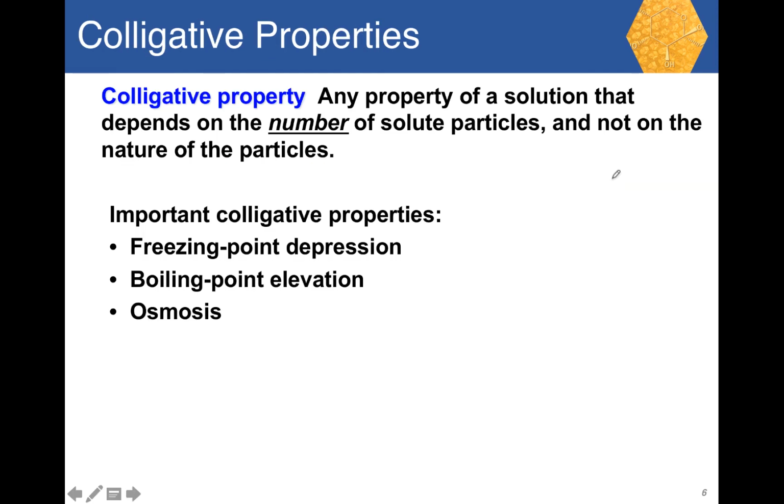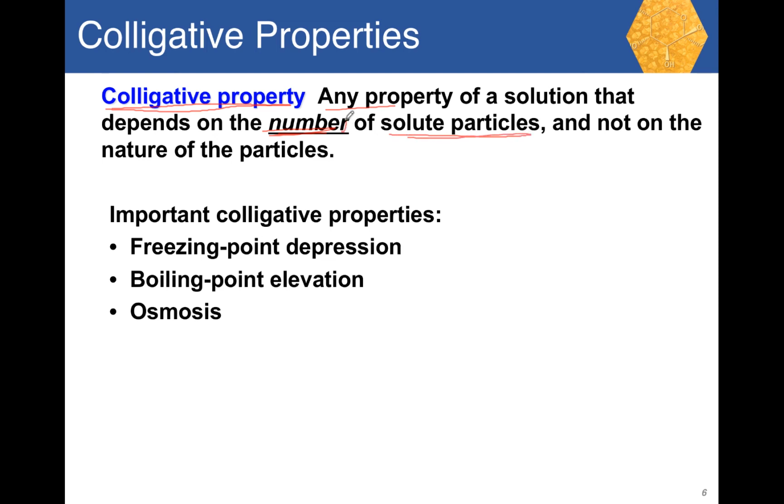Okay, let us go into a property here called colligative property. So based on our approach here, let's define that property, make sure we understand it, and then we will apply that to solving different problems. So colligative property, by definition, is any property of a solution that depends on the number of solute particles.